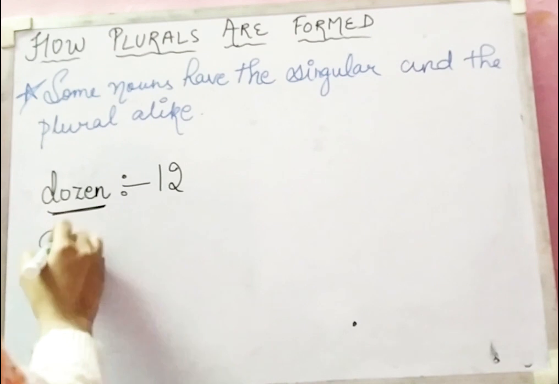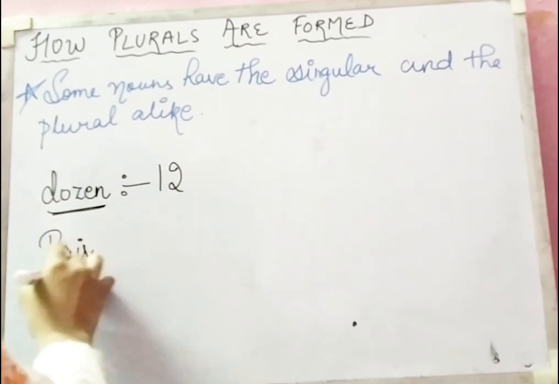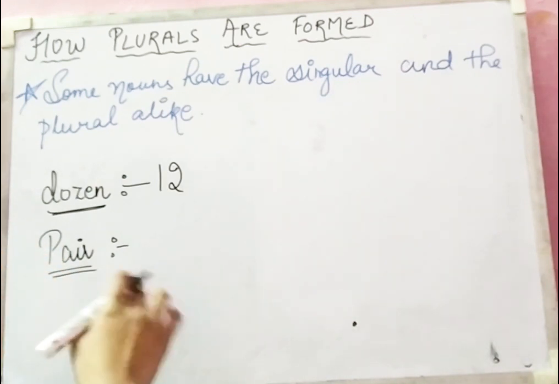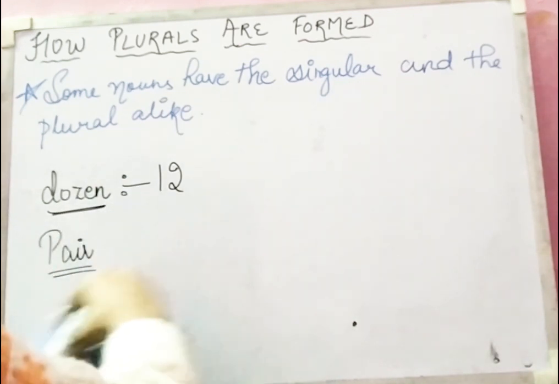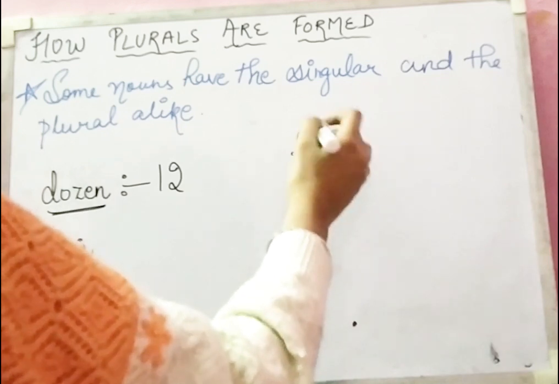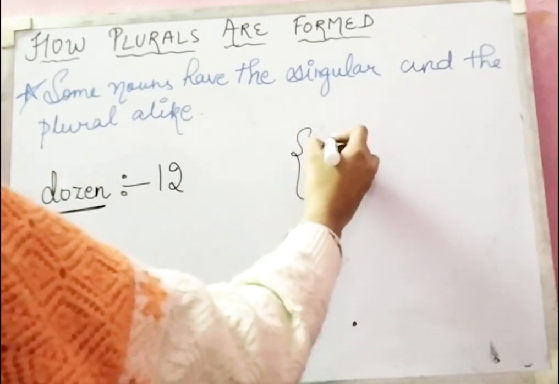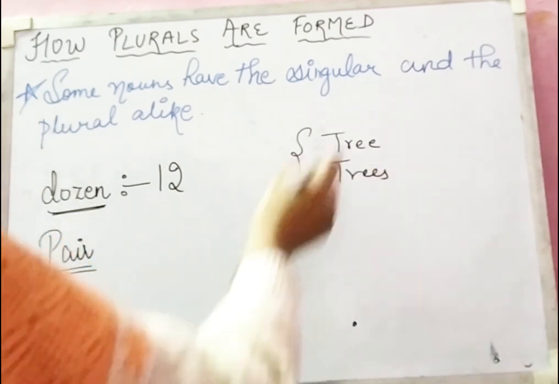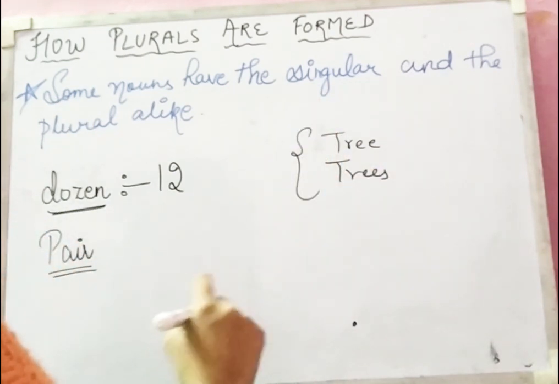Similarly we can say pair. You all know pair consists of 2, means 2 in 1. Like I am telling you tree and trees. This is one pair. Means two things are consisted in here.